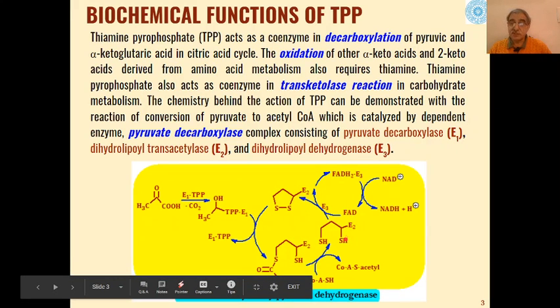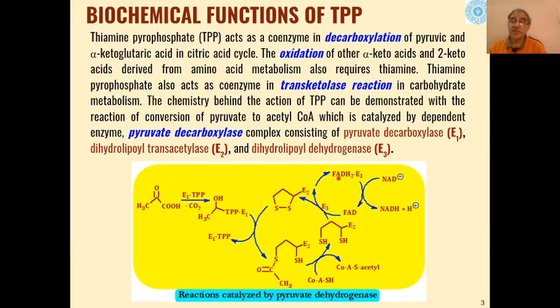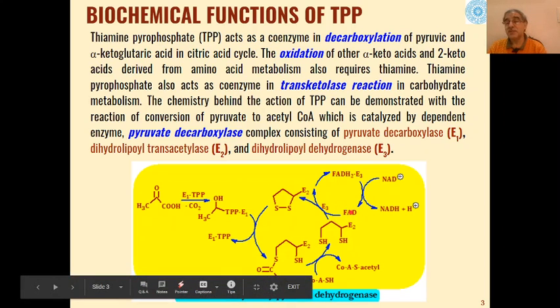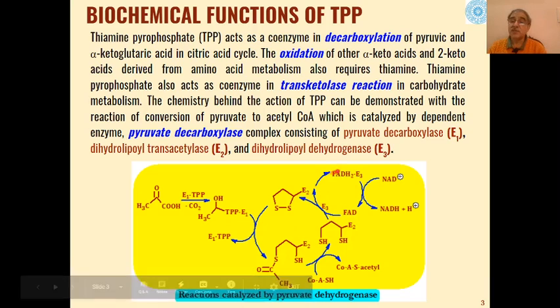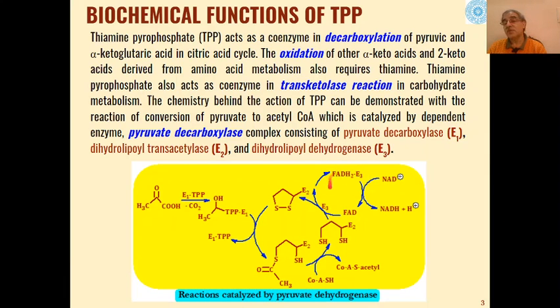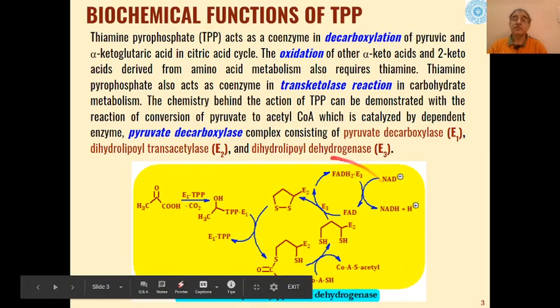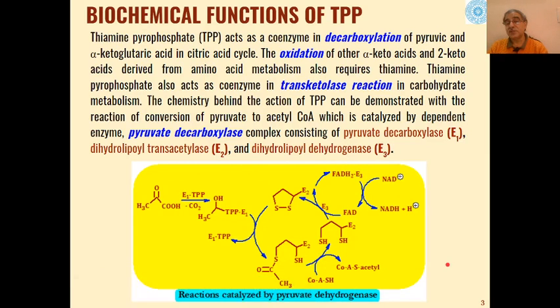And then these two hydrogens will be used up by FAD, and this will become FADH2. So this will act as a coenzyme in this case, and this enzyme-coenzyme complex will be formed. So this is how the TPP will function in these types of transformations.